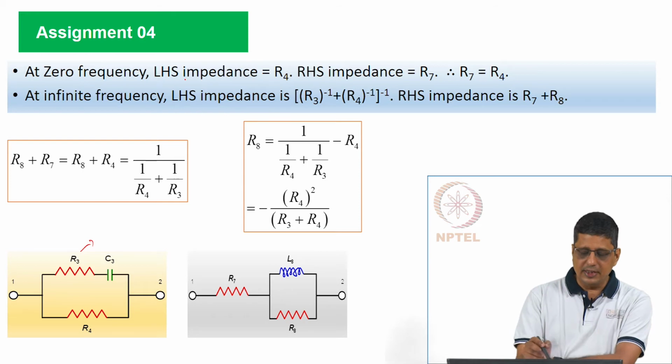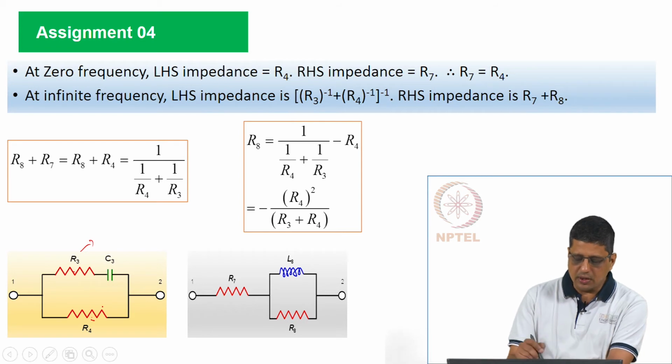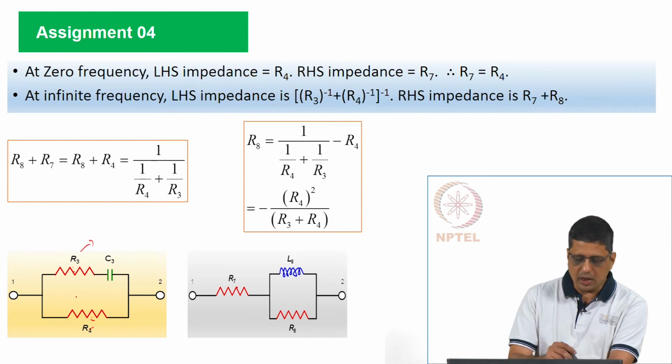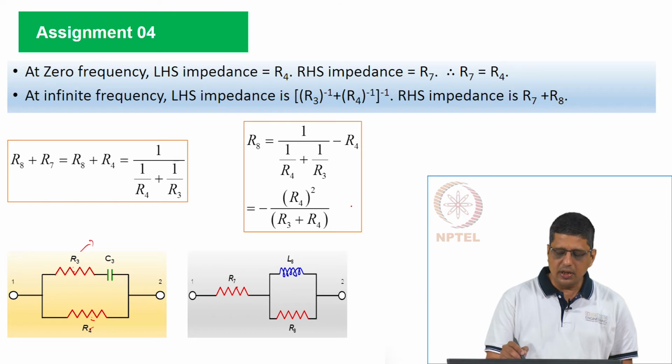So, 0 frequency, this will give you R4, 0 frequency, this will give you R7. So, these two R4 and R7 are directly related. R3 and R8, you have to actually combine, it is not directly related. R8 is a function of R4 and R3. Okay. There are different ways of writing it, this is one representation.